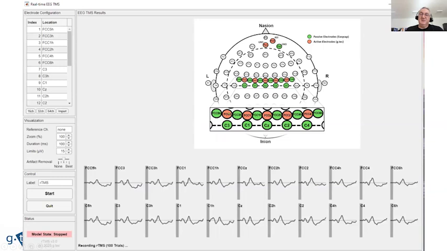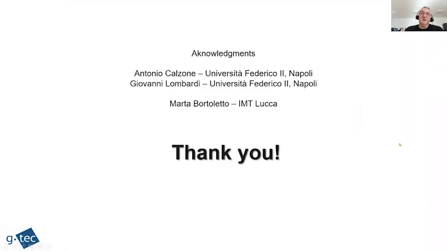Active electrodes are these in reddish color, and the passive ones, which are so far the gold standard, in green. And as you can notice from the measurement, the result is practically the same. So there will be soon an article published about this, and it's essentially the validation of the technology that we are now employing.